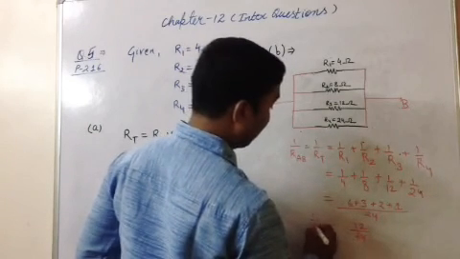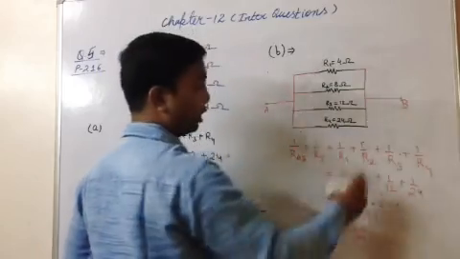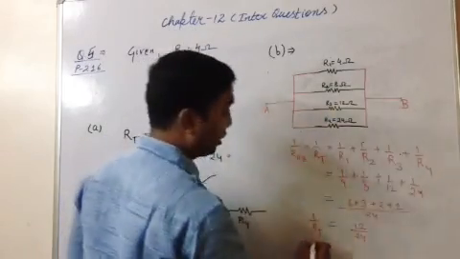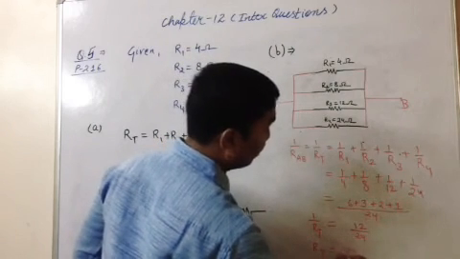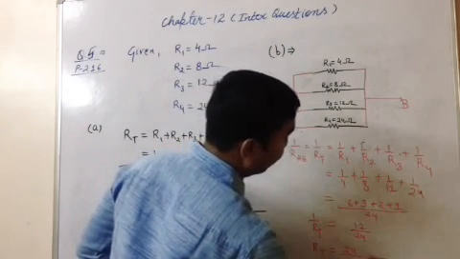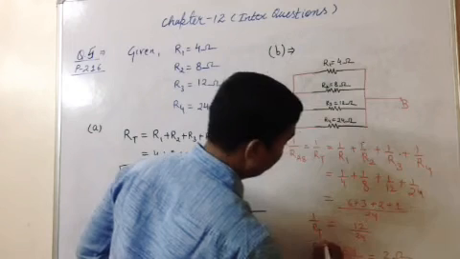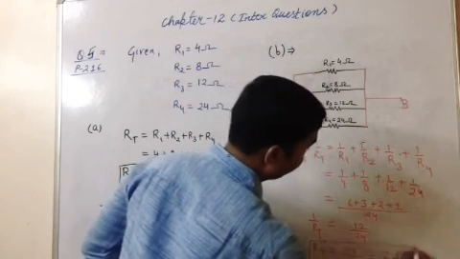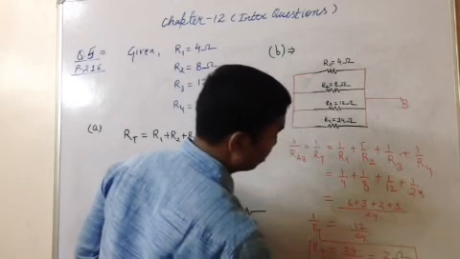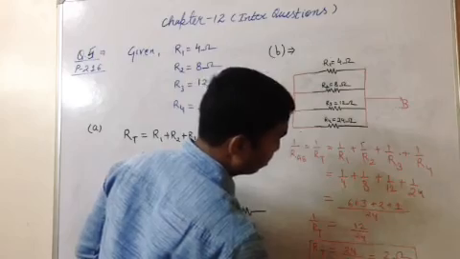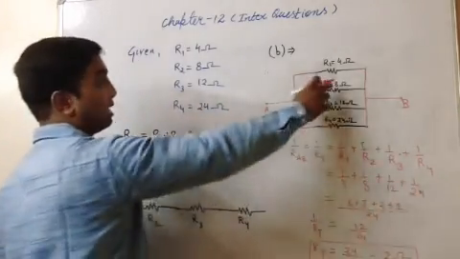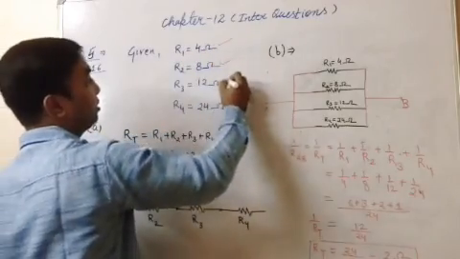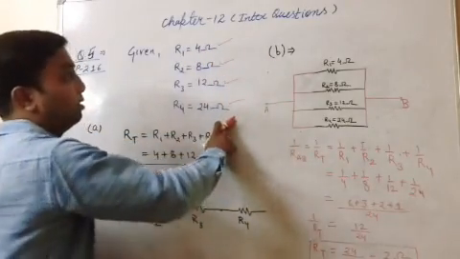So this is RT, the equivalent resistance for this combination. When we invert, 24 comes in the numerator and 12 goes in the denominator, and the final answer becomes 2 ohm. So 2 ohm is the minimum resistance that can be obtained using these 4 resistors.